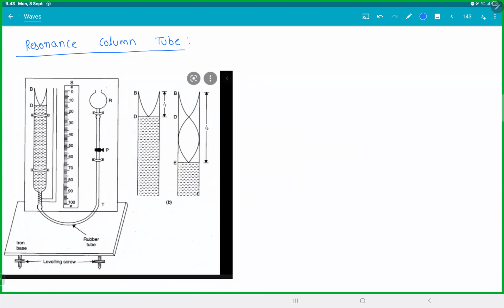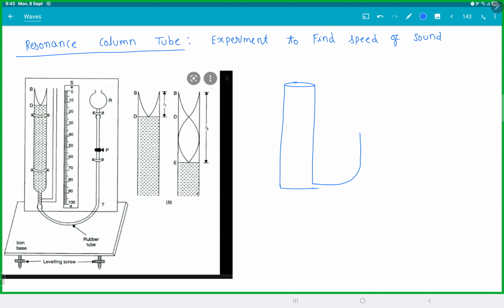This is an experiment to find the speed of sound. I will just draw a rough sketch. We have a pipe here. At the bottom, it is connected to a funnel kind of thing, and beside this you have a scale.